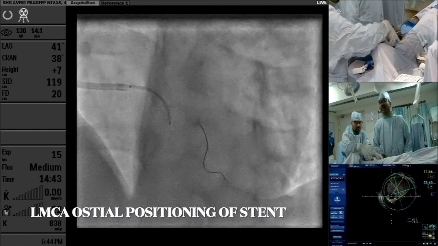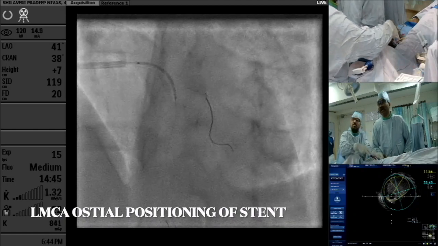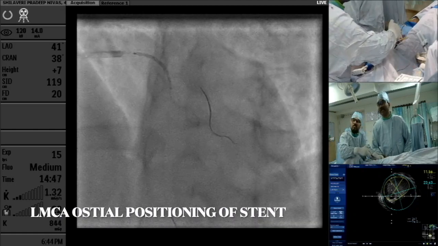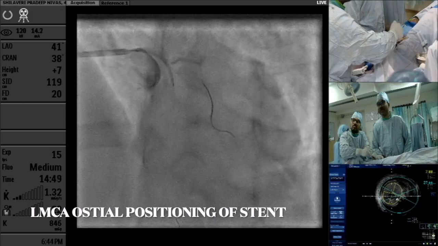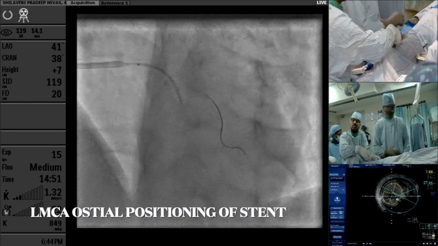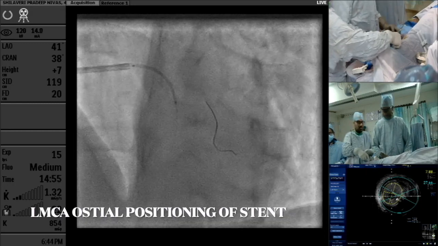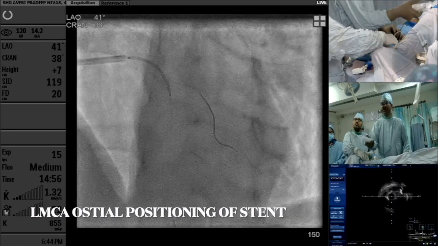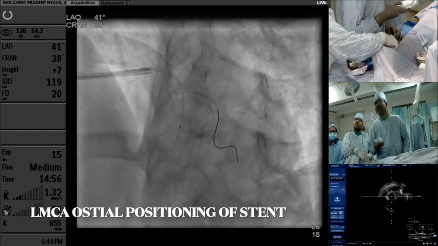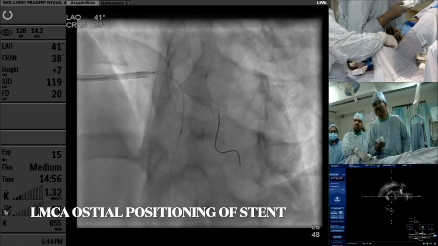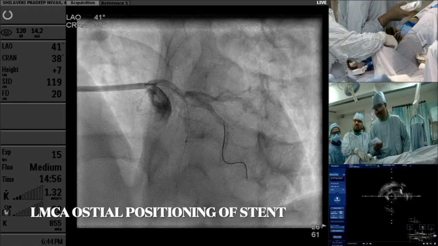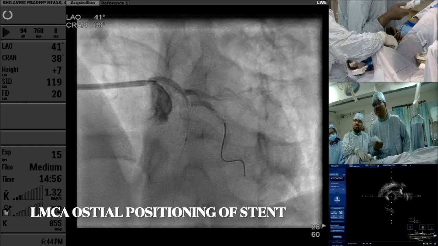So now what I'm doing, I kept my IVUS image already up. All right. Okay. Wait. Okay. Just go back and show me. I'm showing you. You can see the IVUS. Yeah, this is where I wanted to land.